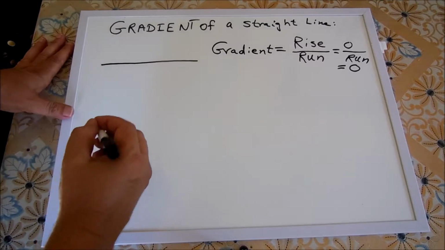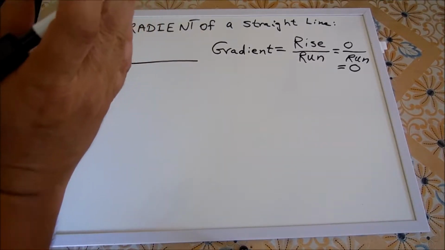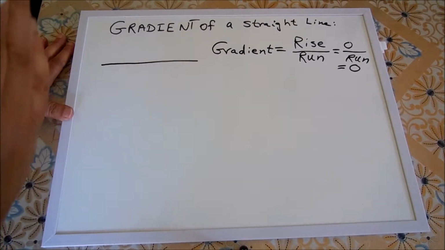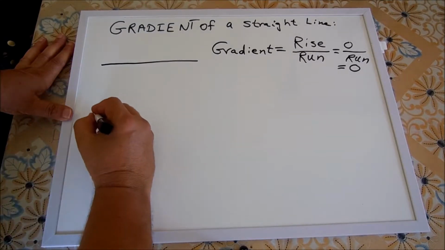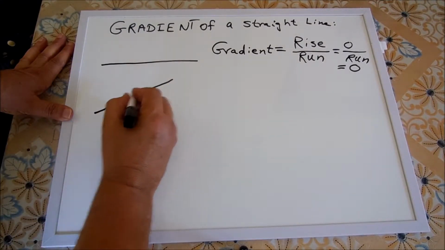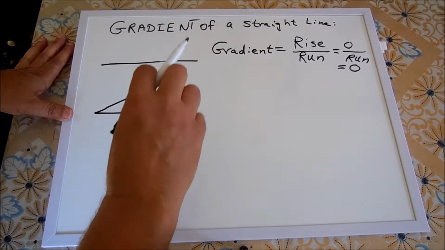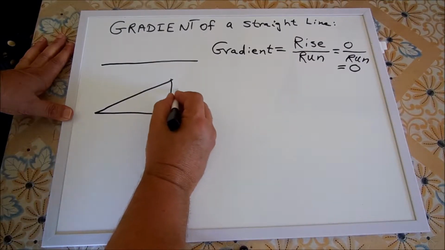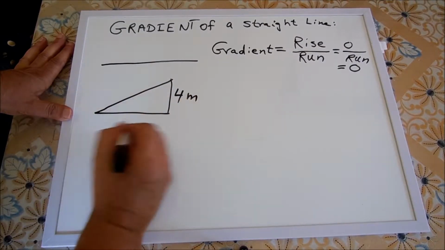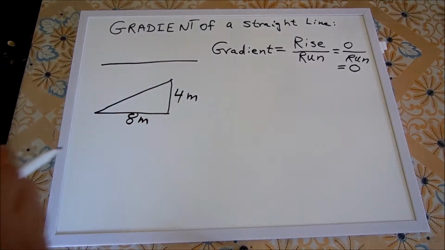Now, assume you are going up along a street, going up along a mountain. So you will have your slope increasing. Let's say the rise is 4 meters for every 8 meters run.